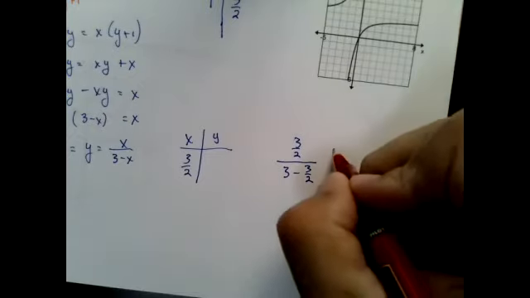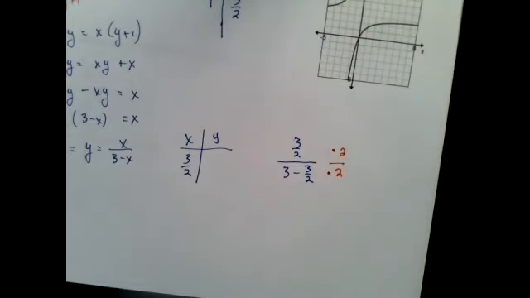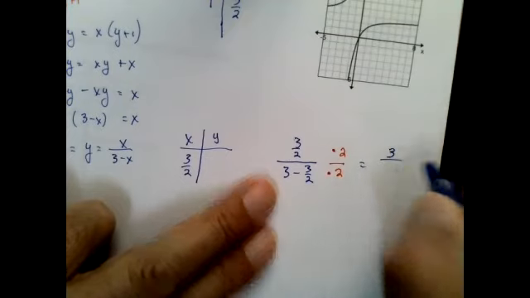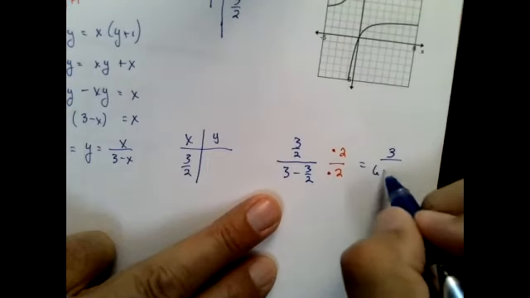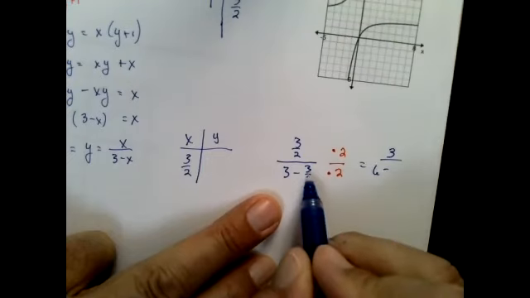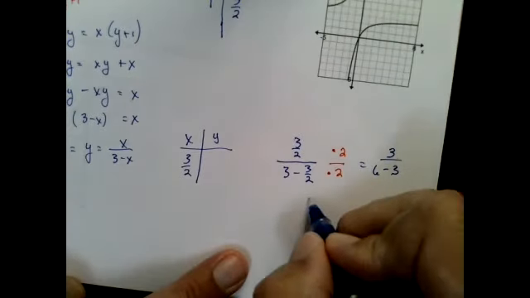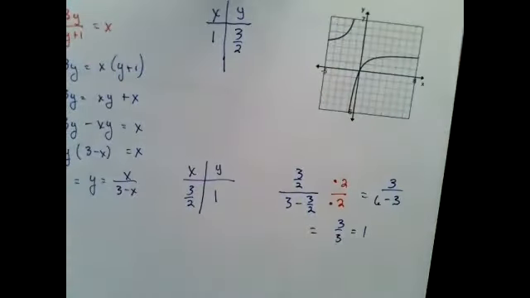I'm going to multiply everything in the top by 2, everything in the bottom by 2, because that's like multiplying by 1. This becomes 3 in the numerator because the 2 cancels. In the denominator, I get 6 minus 3, so 3. That's going to equal 3 over 3, which equals 1. And I go, yes, that's what I wanted.